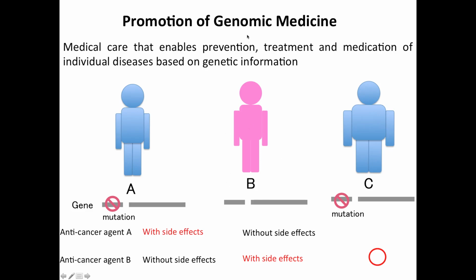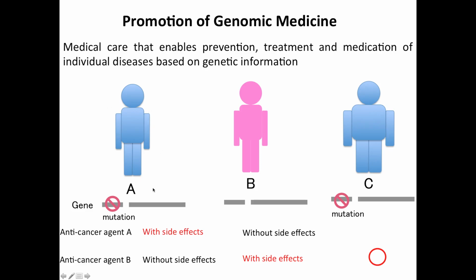Genomic medicine means medical care that enables prevention, treatment, and medication of individual disease based on genomic information. It means that all of the DNA sequence of humans is very important for this medical area. And I want to show the example of anti-cancer agents.